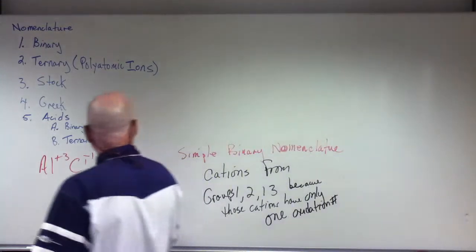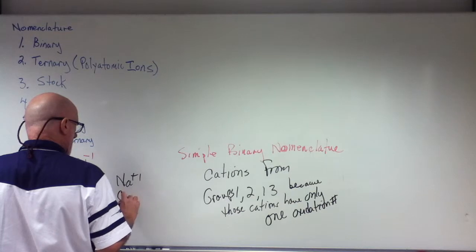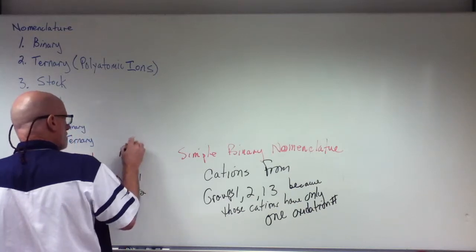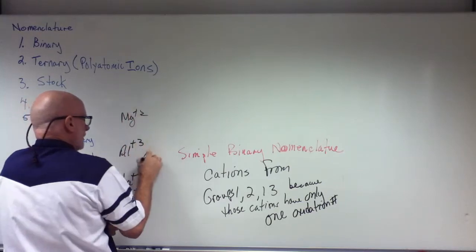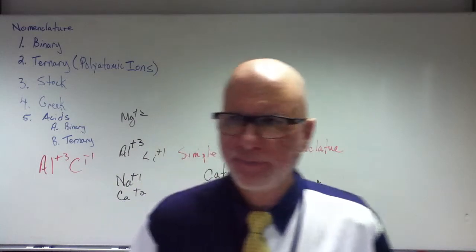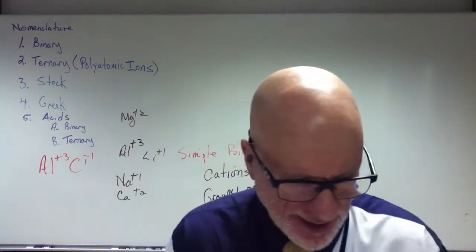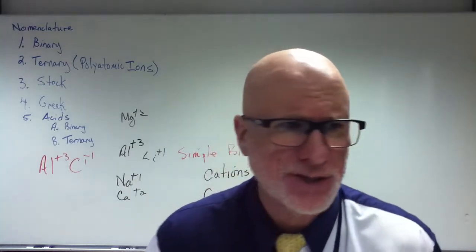In other words, sodium plus 1, calcium plus 2, aluminum plus 3, magnesium plus 2, lithium plus 1. They only have one oxidation state. And I know what you're asking me. You're asking me, so what? So who cares? What has more than one oxidation state?